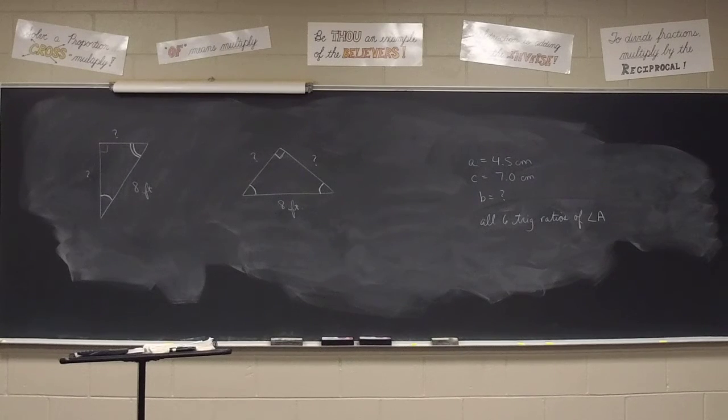You know the two acute angles are complementary. And if one of them's twice the other, how big are those two angles? 60 and 30, which means it's a 30, 60, 90. Which means the sides always have a specific ratio.